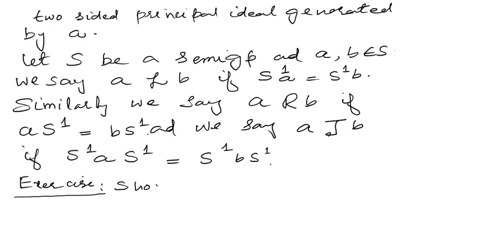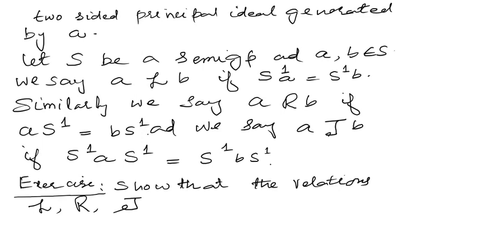Show that the relations L, R and J are all equivalences on a semigroup S. They are all equivalences, okay, these relations.